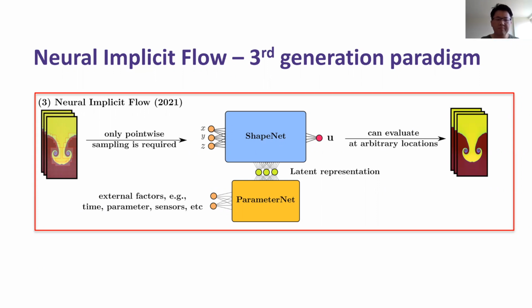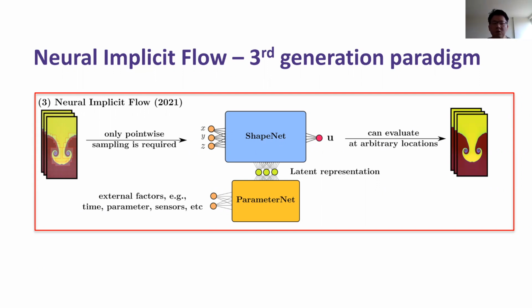Okay, so we have one more question from Terry. Yes. Hi. I'm just following up a little bit on Hassan's question. So the latent representation, my understanding is the ParameterNet is trying to pull the latent representation kind of independent of these external factors, or try to be invariant to the input.